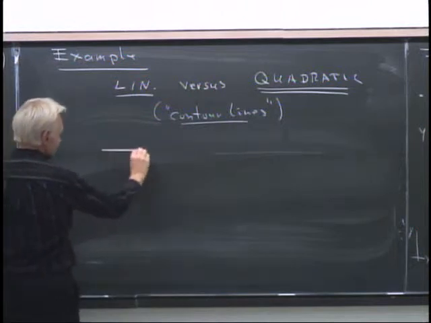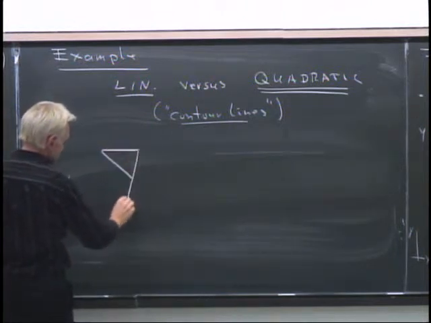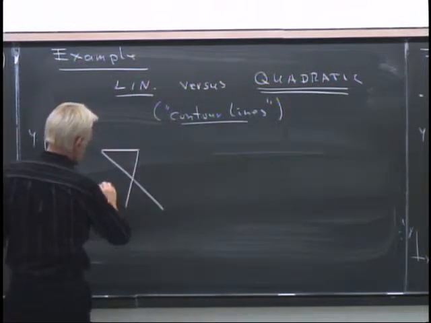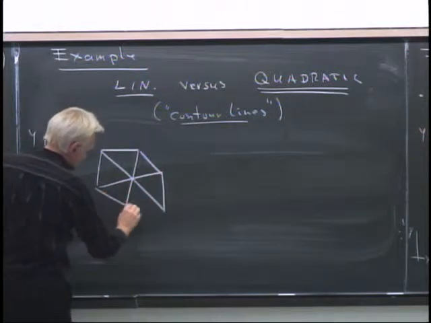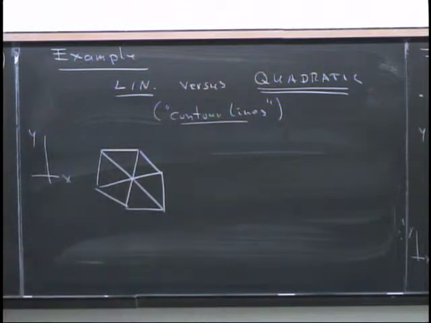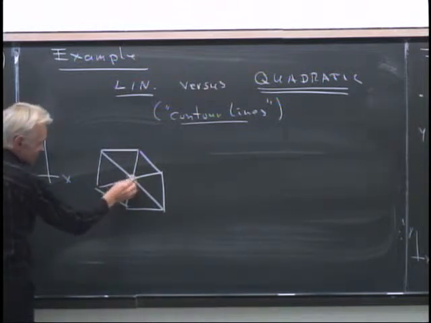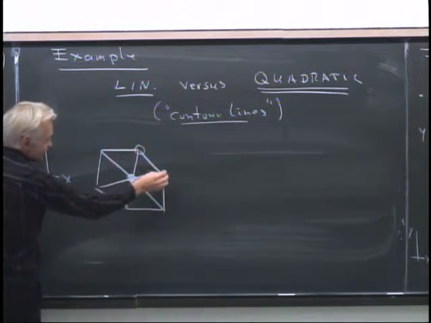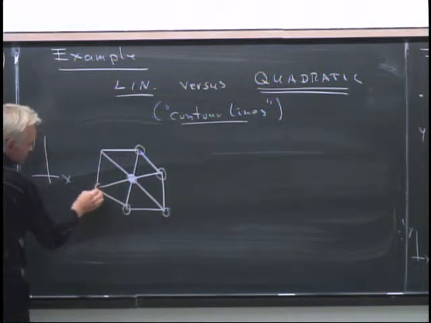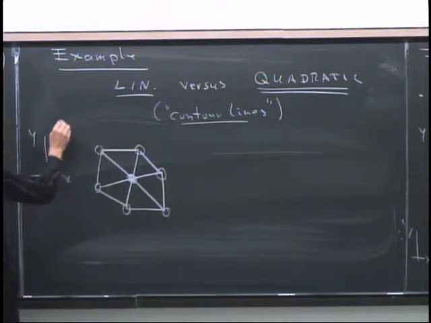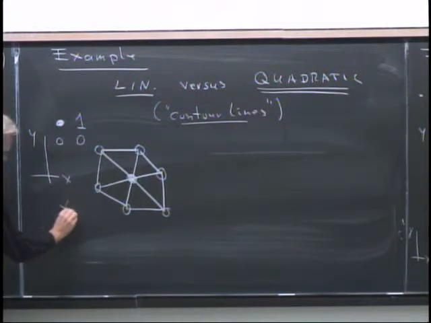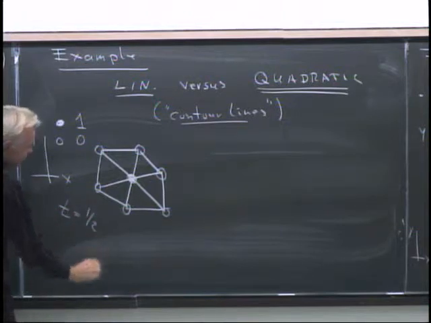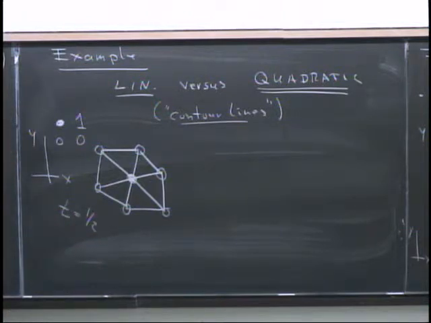If I give you a bunch of triangles, and I give you values at these points, say I give you a value here, I give you a value here, and I say that bullet is value 1 and circle is value 0, and I want to find a contour for a threshold 1/2. Okay?